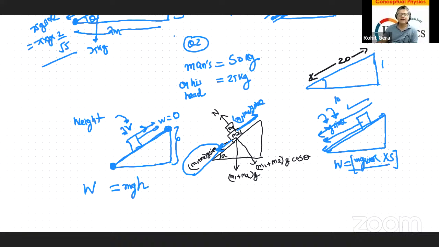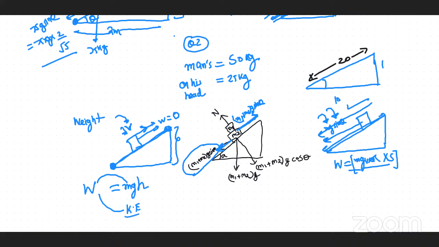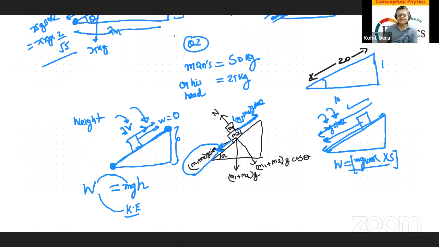So work done can either result in increase in potential energy or increase in kinetic energy of the body, gets stored in that format. So this is a typical case where though the velocity is constant, there is a gain of potential energy, which means whenever you do work, you either are increasing the height of the body or you are increasing its kinetic energy. I mean, when you're doing positive work.